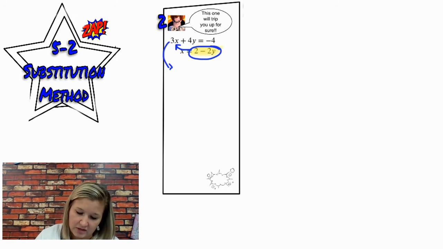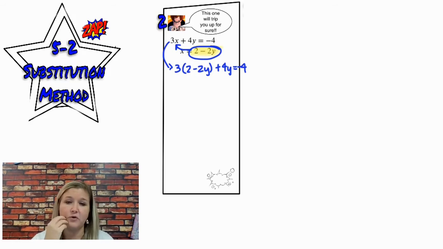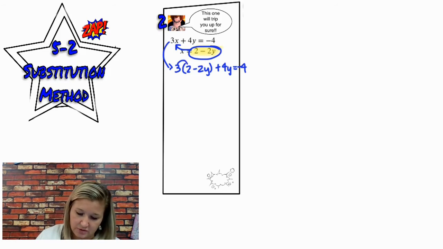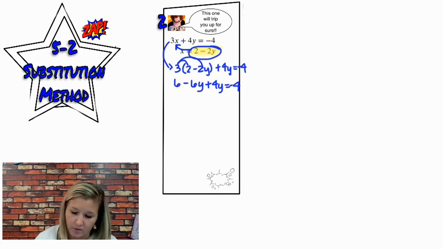So dropping down here, I have 3 times 2 minus 2y plus 4y is equal to negative 4. From here, I'm going to distribute the 3 to both of those. So I have 6 minus 6y plus 4y is equal to negative 4.